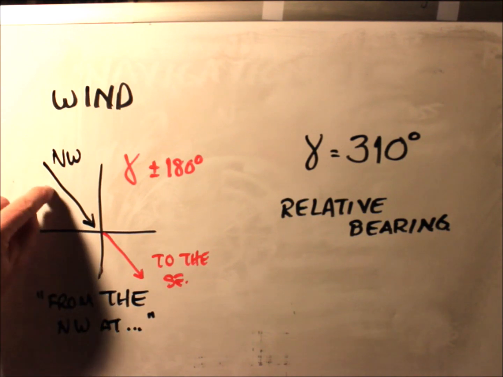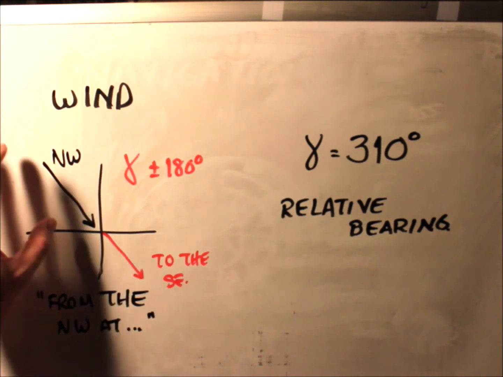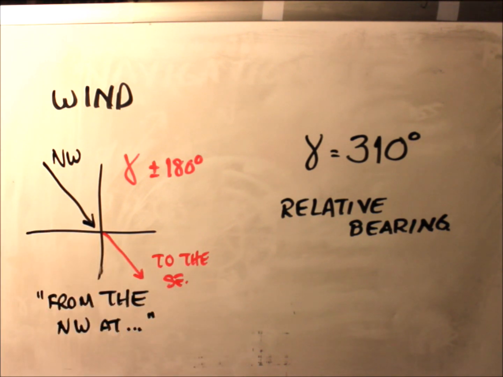You originally got something over here at 315, but then we convert it to 135 by moving it, so it's pointing in the direction it's going. And then you have to convert it to theta, as I showed in the last pane. So there's just an extra step here for the wind. Now this is not something to criticize so much, it's just the way we do things, which makes it important for all of us to understand.